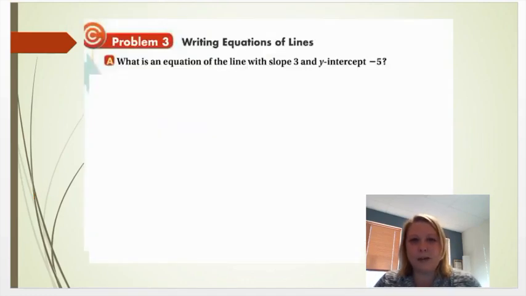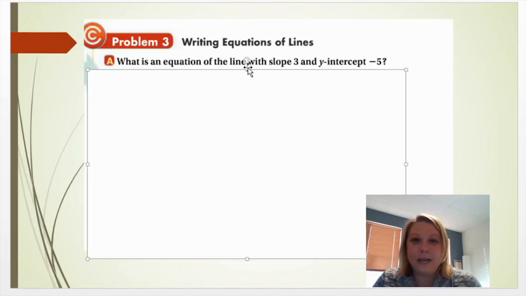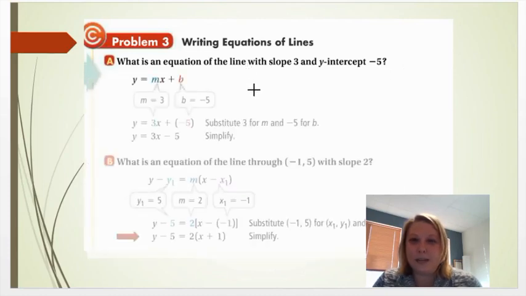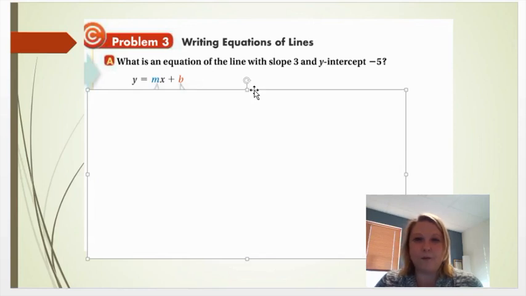All right, let's look at one here. What is an equation of the line with a slope of 3 and a y-intercept of -5? How do we do that? So what we need to do is look at this and say we have a slope of 3 and we have a y-intercept of -5. We're looking at y equals mx plus b.